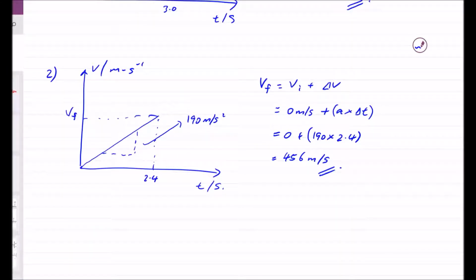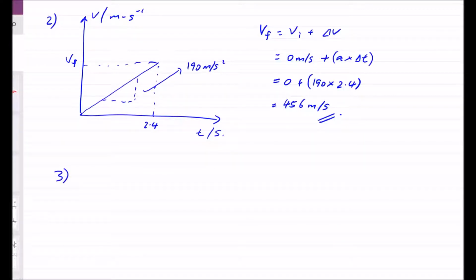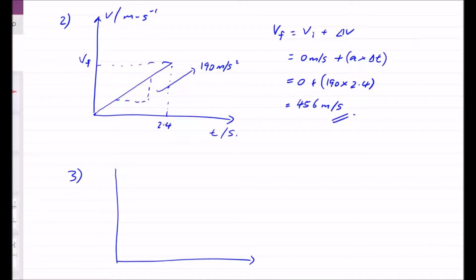Okay, question 3. Question 3 is very similar to question 2. It has a constant acceleration as well, but for this case, the car has an initial velocity of 15 meters per second. So this is a bit different from the previous two questions that we have seen. Again, I will draw the kinematics graph. Because the car has an initial velocity of 15 meters per second, the graph wouldn't start from the origin.